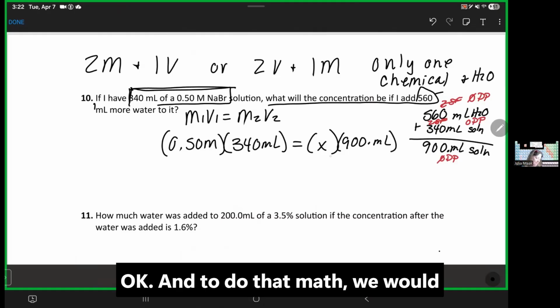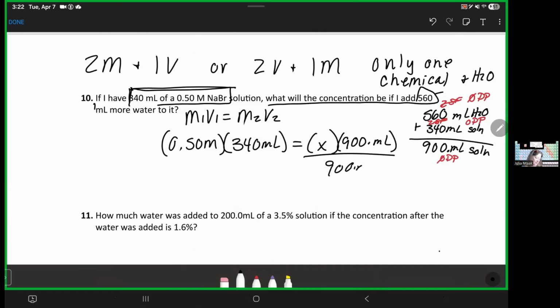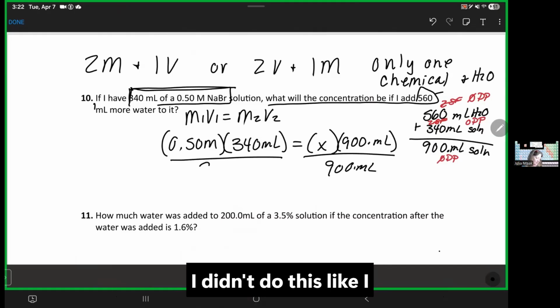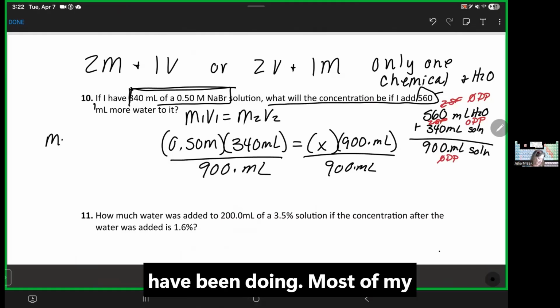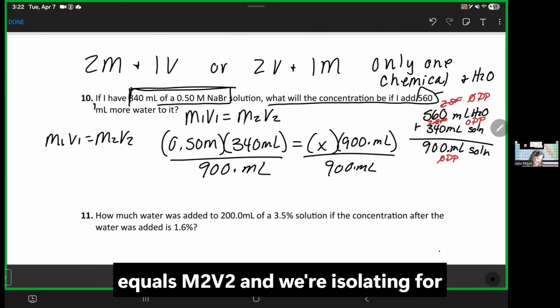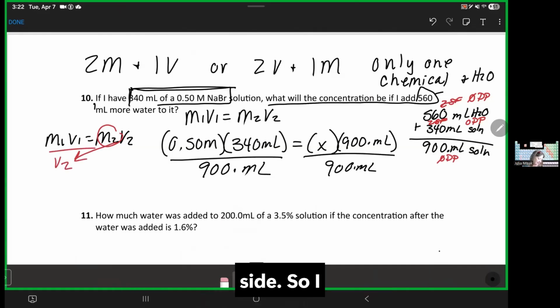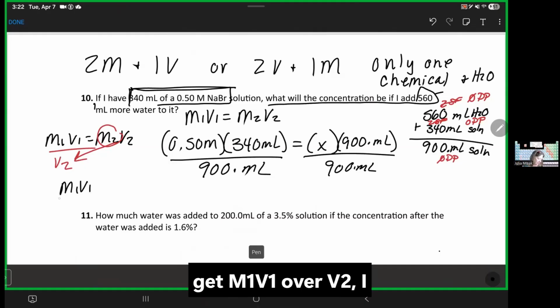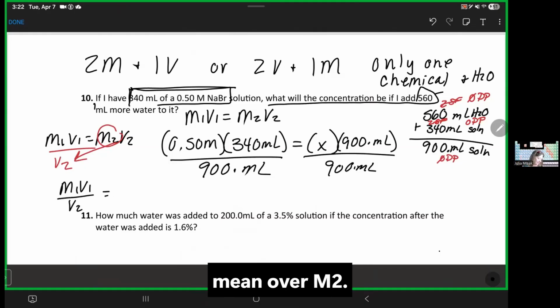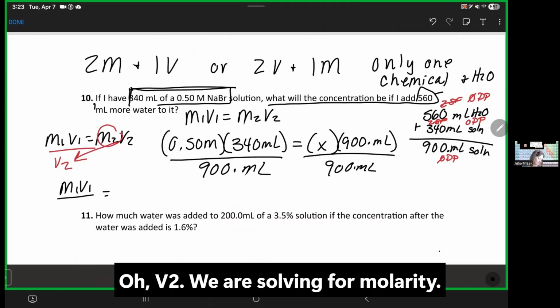Okay, and to do that math, we would just divide by the 900. I didn't do this like I have been doing most of my problems. If we have the M1 V1 equals M2 V2, and we're isolating for M2, V2 comes down to the other side. So I get M1 V1 over V2. We are solving for molarity.